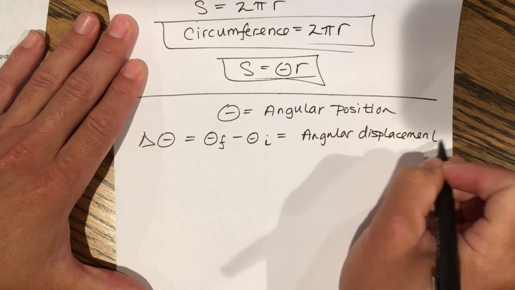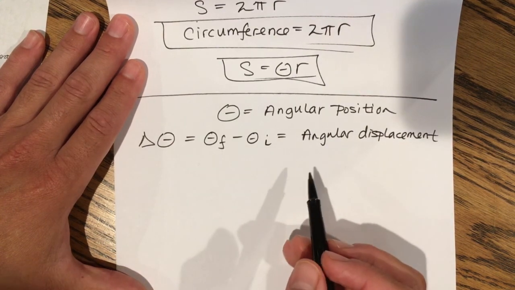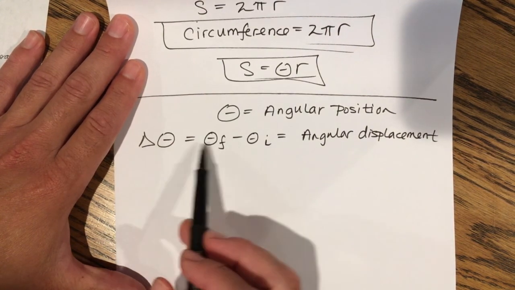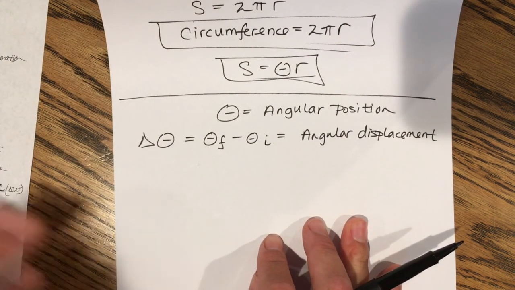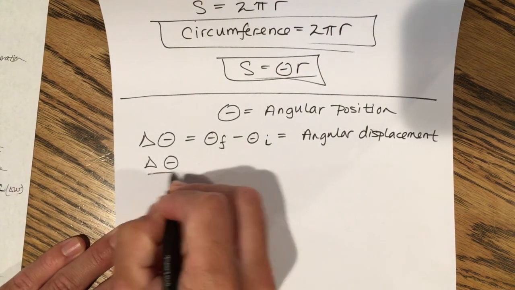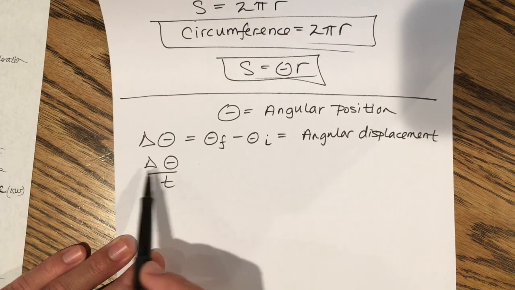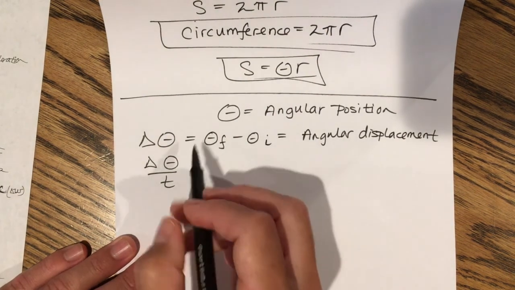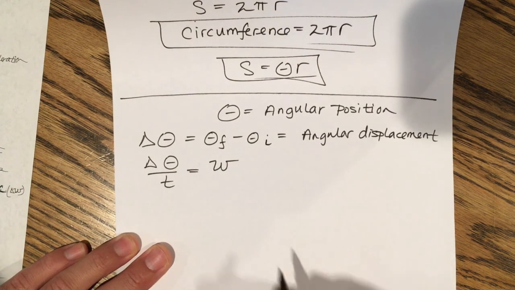And that should ring a bell from before, right, where we had regular displacement being delta x and xf minus xi. Okay, and then if we take that angular displacement and divide by time, right, this should also look familiar. Change in angular displacement over change in time is equal then to angular velocity.